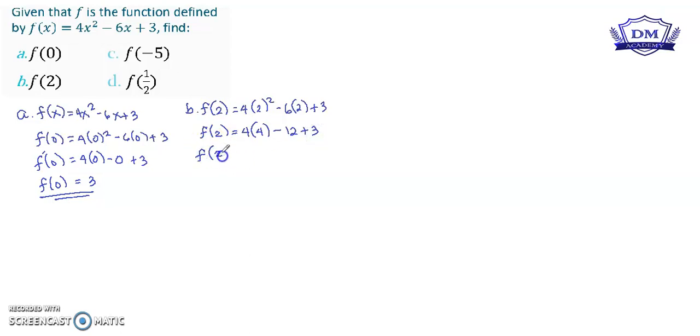So f of 2 is equal to 4 times 4 is 16, minus 12 plus 3. So f of 2 is equal to 16 minus 12 plus 3, which is 7. So f of 2 is 7.